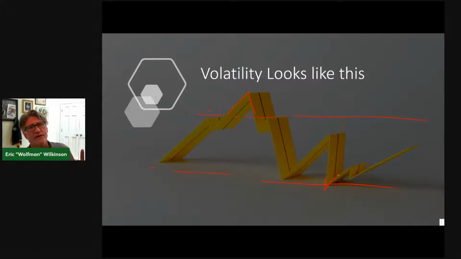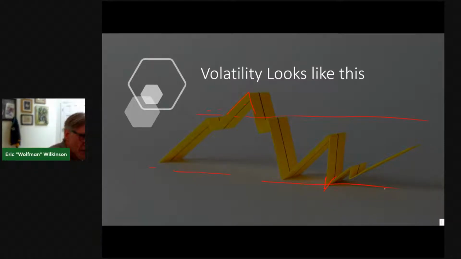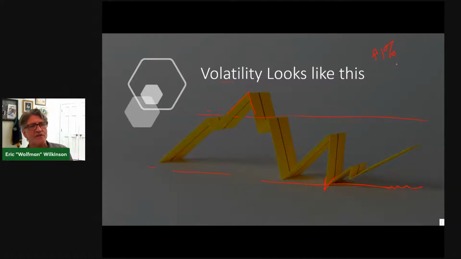And listen, we can't always nail the top and the bottom, but what we know is that if volatility is down at these lower levels, price is cheap, because volatility has a rule. It tells us that when volatility increases by 1 percentage point, our option prices increase by the Vega coefficient.